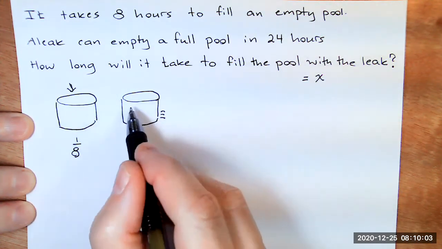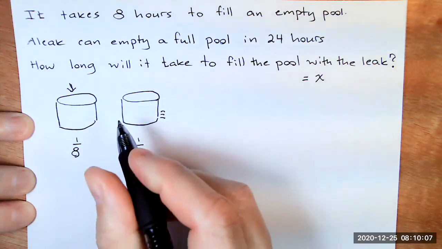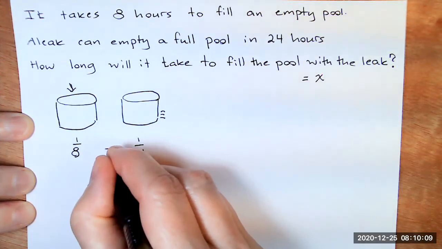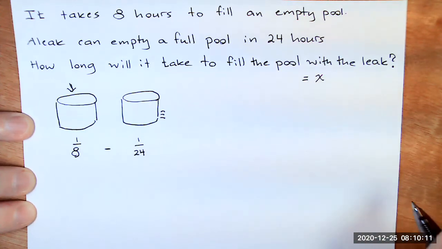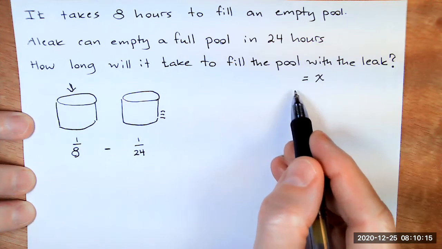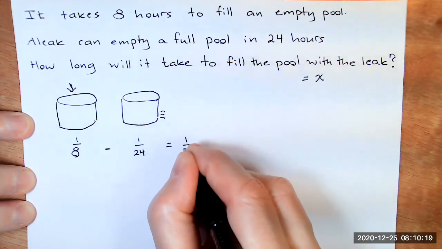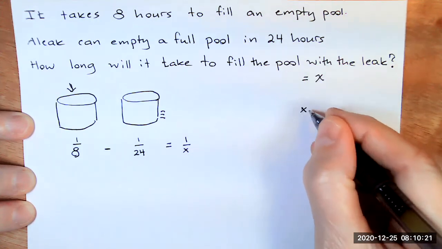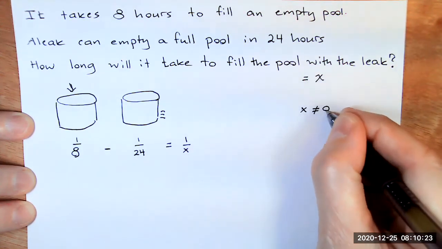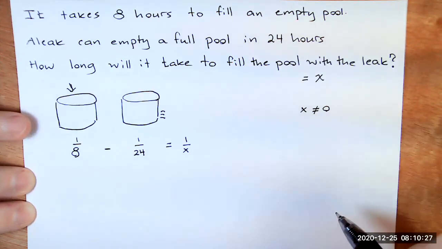Now before, the two parts were working together, but these are working against each other. So we're going to subtract. The part of the pool that can be filled in 1 hour with the leak will be 1 over x. And again, x cannot be equal to 0. Of course, that makes sense. You can't fill a pool in 0 hours.